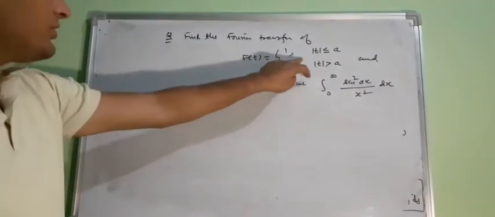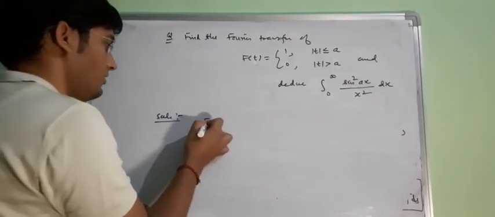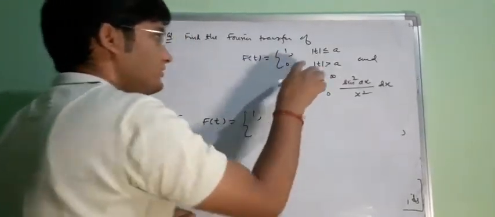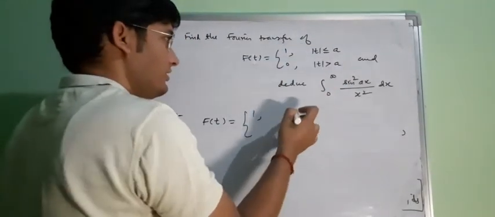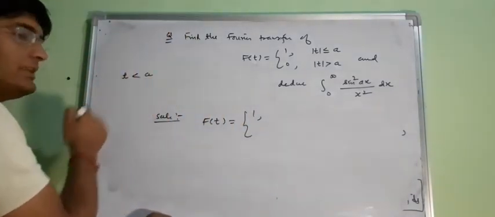First of all, let us find out the Fourier transformation of this f(t). Here our f(t) is equal to 1, and I have already told you what is the meaning of |t| ≤ a. |t| ≤ a means if |t| = +t, then we get t < a.